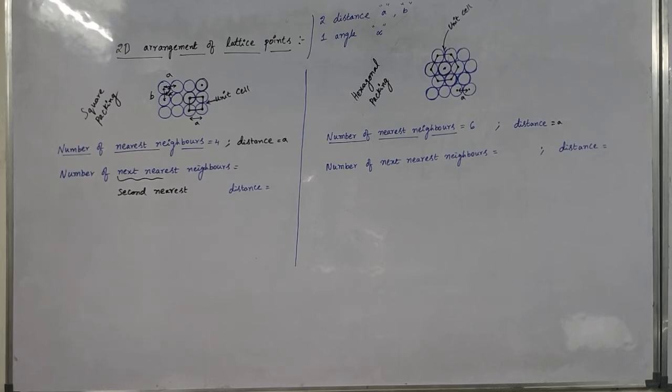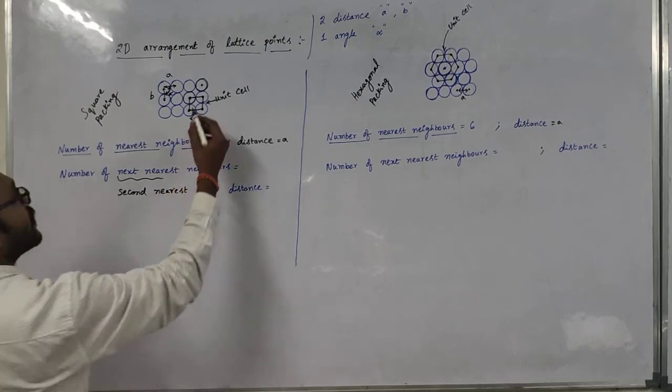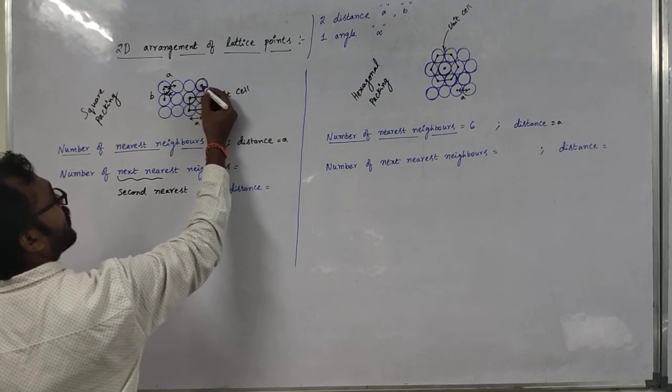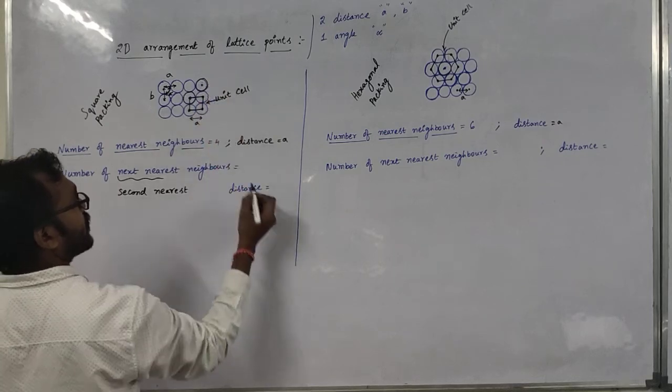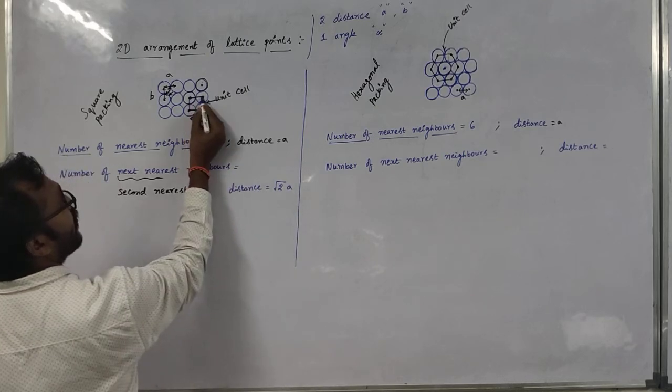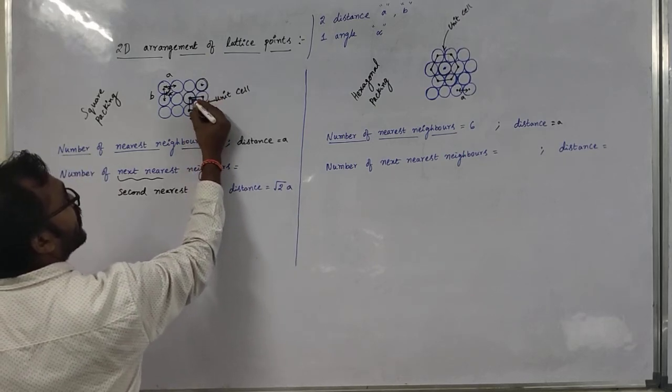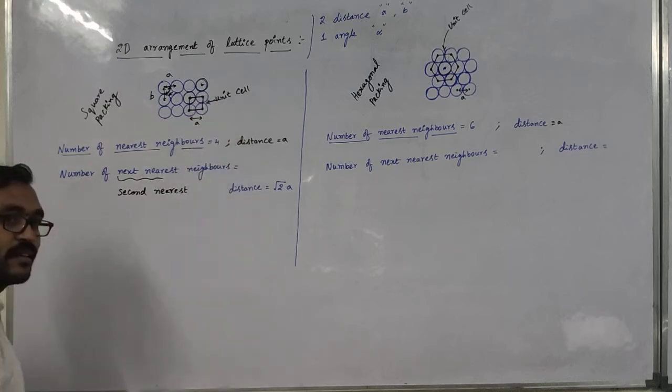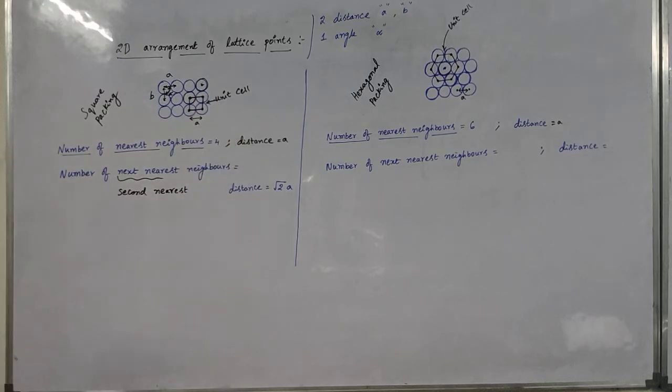So this is one. What about this distance? Can I say that distance is root 2a? This is a. This is also a. Then this one is root 2a. So that forms a triangle.